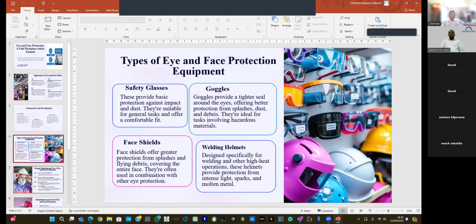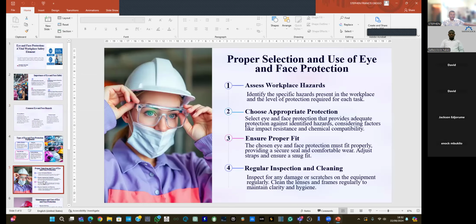And also for the types, I think you also make emphasis on the different types and a brief explanation of that. Now, one area that I feel I should focus on is the proper selection and use of eye and face protection, because before we begin to talk about face protection, we need to understand the hazard within that work environment.